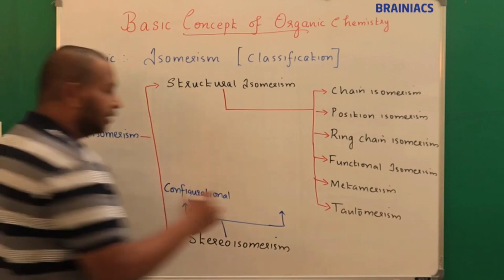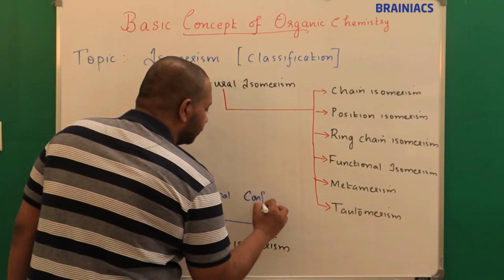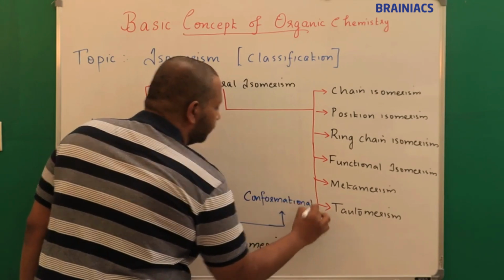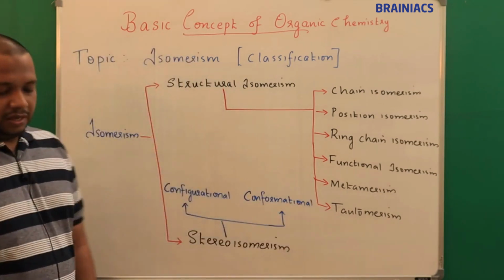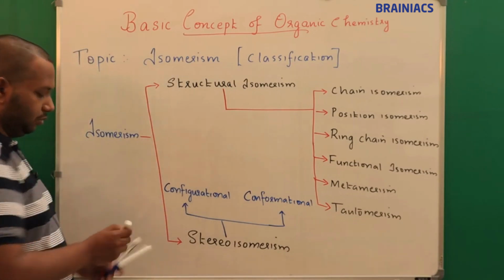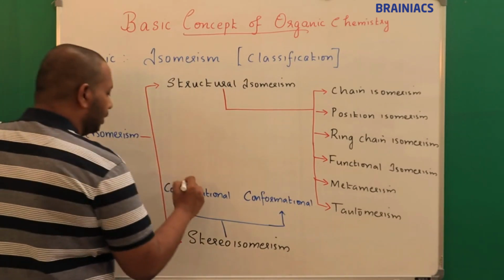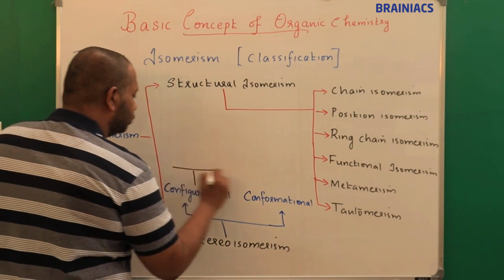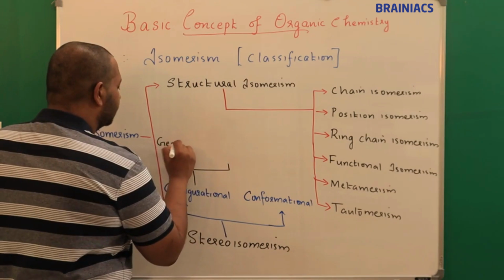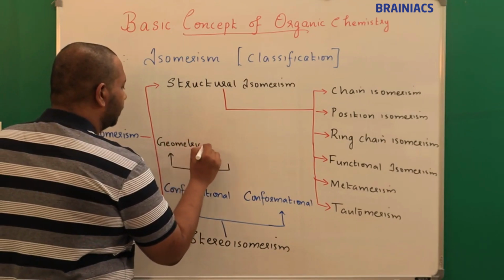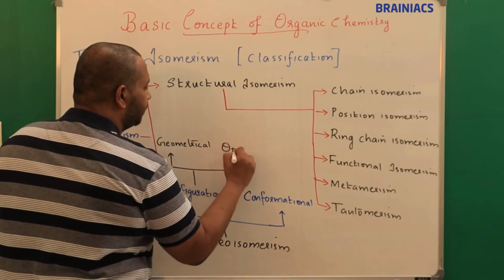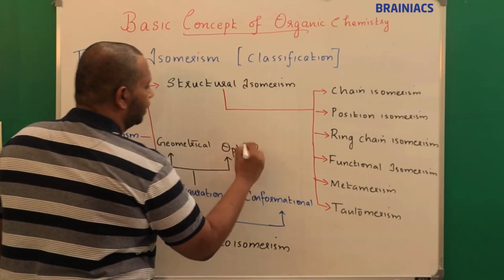The other one is called conformational stereoisomerism. In this, configurational isomerism is further classified into two. One is called geometrical isomerism. And the next one is optical isomerism.